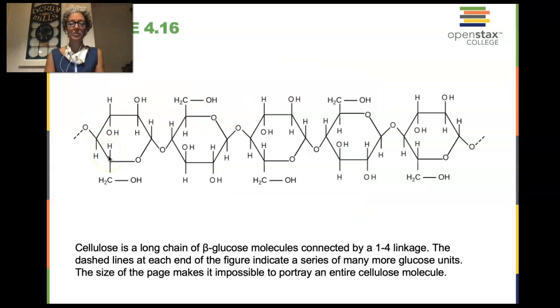Back to our macromolecules. This is cellulose. And you might look back at your notes from chapter 3 with the carbohydrates. How would you know this is cellulose? Well, the six-sided ringed structure with a bunch of H's and OH's would indicate it's a carbohydrate. It's a polysaccharide because we have multiple subunits strung together.